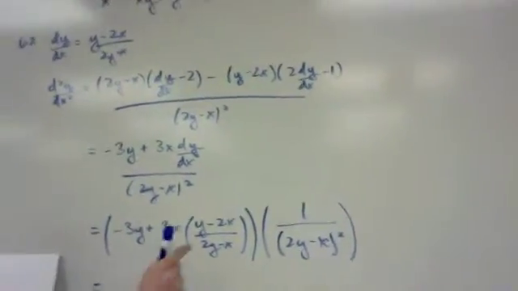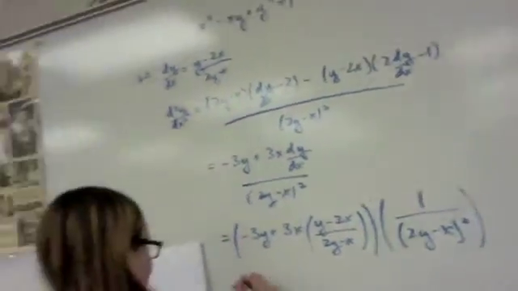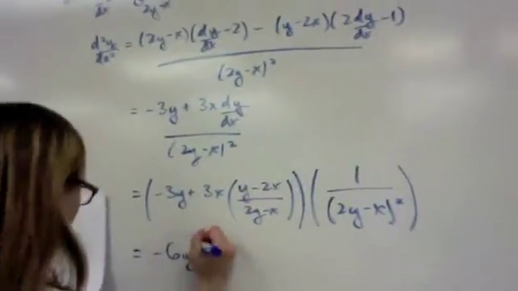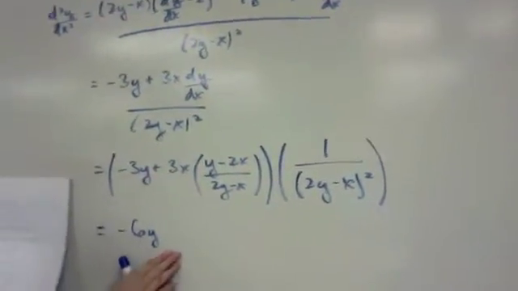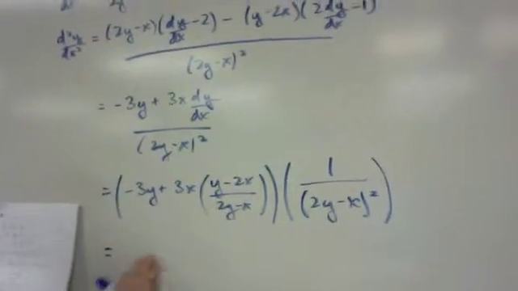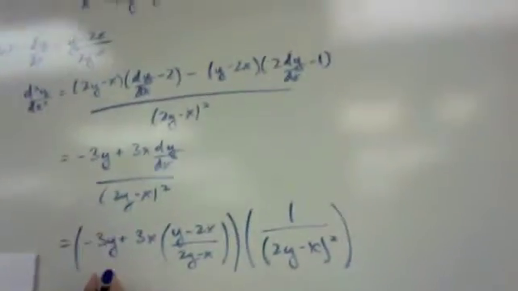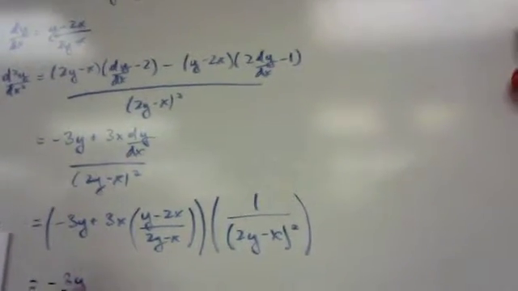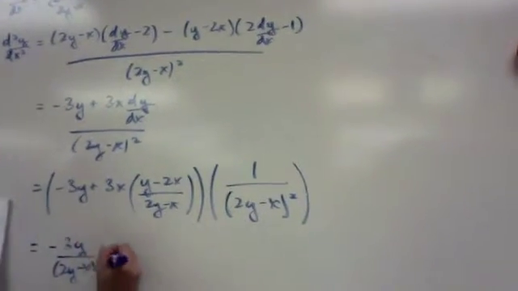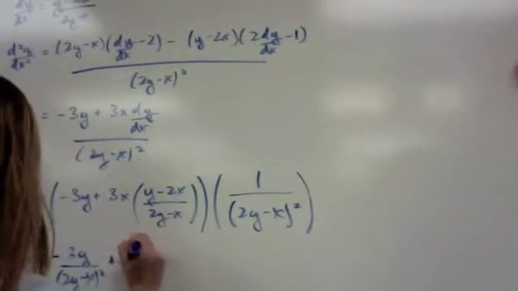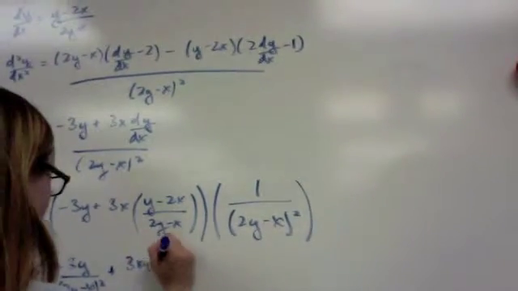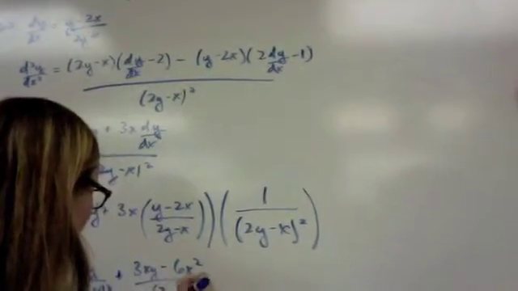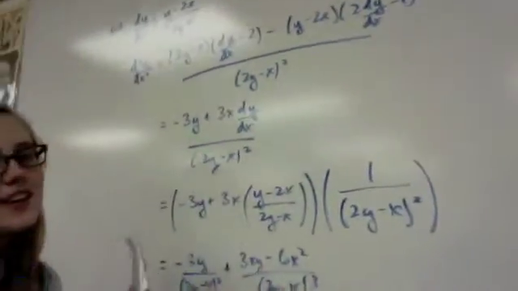So when you distribute all that, you're going to get negative 3y over 2y minus x squared plus 3xy minus 6x squared over 2y minus x cubed.